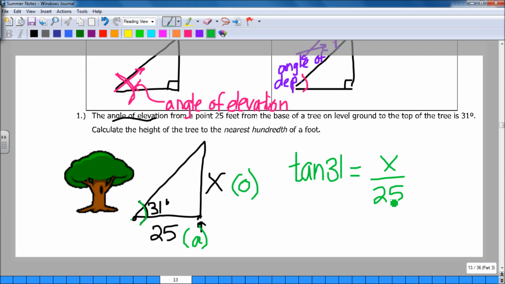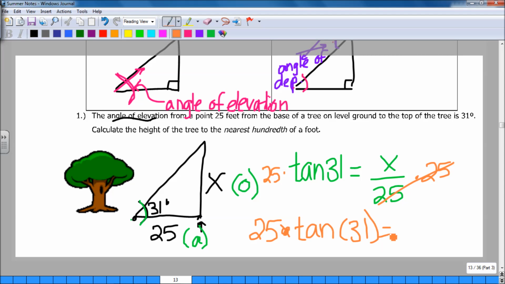Now, in order to solve for x, all I have to do is multiply both sides by 25. That cancels out. So then all I have to do is type into my calculator, literally 25 times tan 31 equals x. And rounded to the nearest hundredth of a foot, you get approximately 15.02 feet.